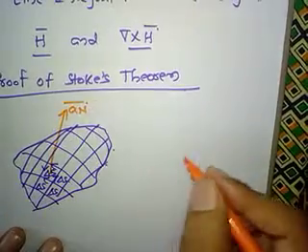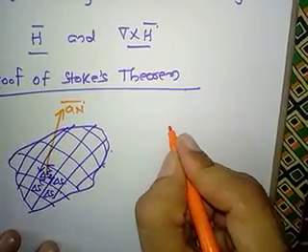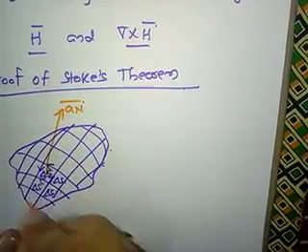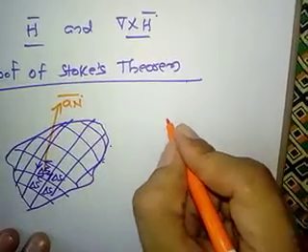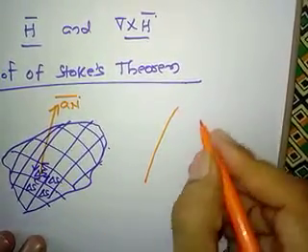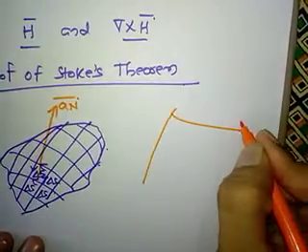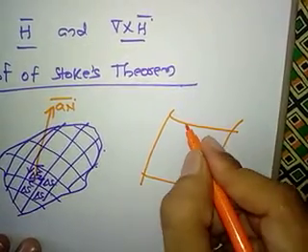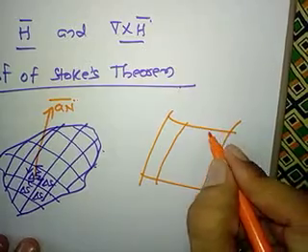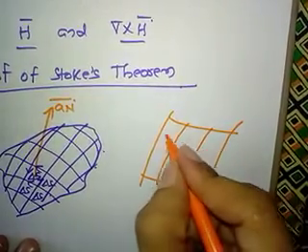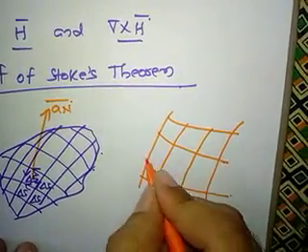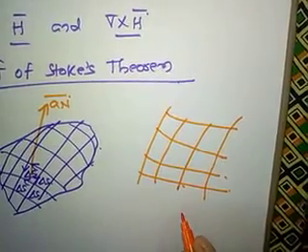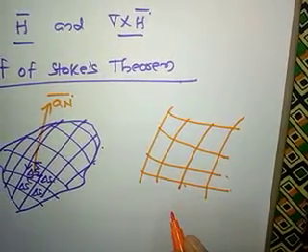Then we consider these closed incremental surfaces. How will be the direction of the magnetic flux lines?